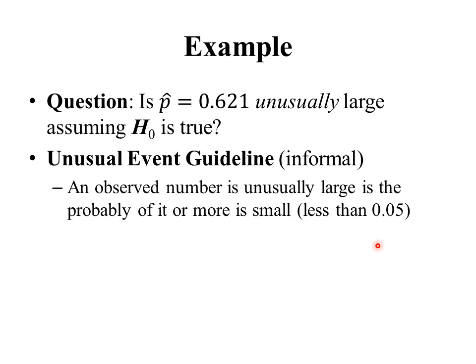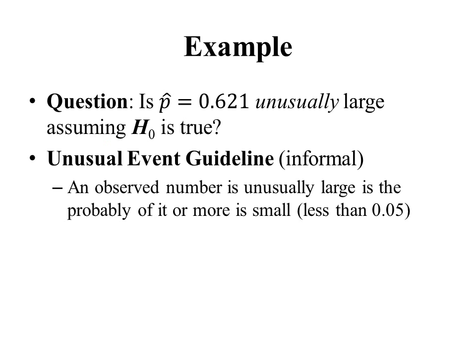And small here typically means less than 0.05. So we're going to use this guideline to calculate the probability of observing a sample proportion at least this large, assuming the null hypothesis is a true statement.